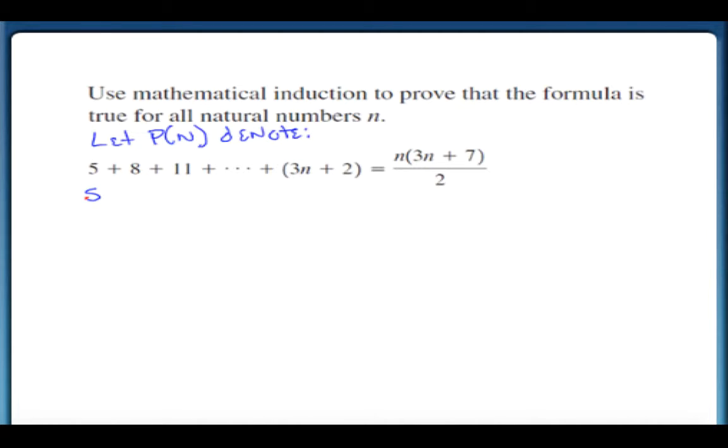So step 1, we need to show that P of 1 is true, and P of 1 says that 5 is equal to 1 times 3 times 1 plus 7 divided by 2, which is true.